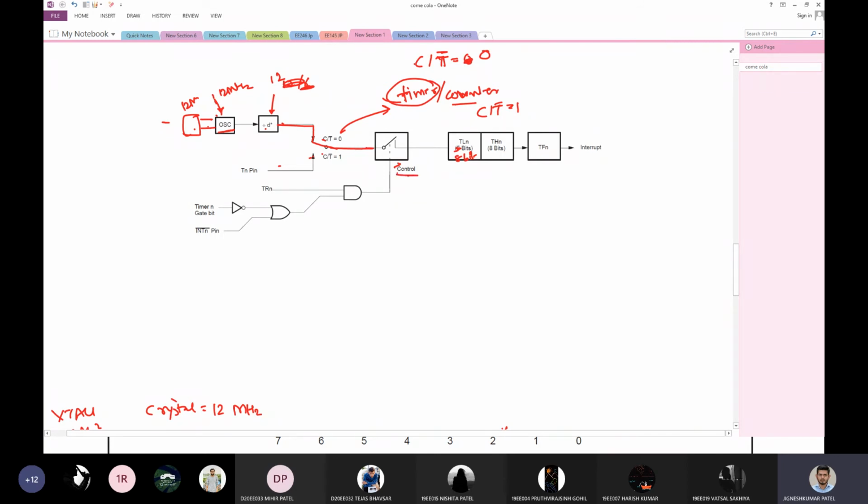Then you can see here a control bit, which is basically shown as a gate. How is this gate going to be controlled? See, the control is from this AND gate. This AND gate has two inputs.